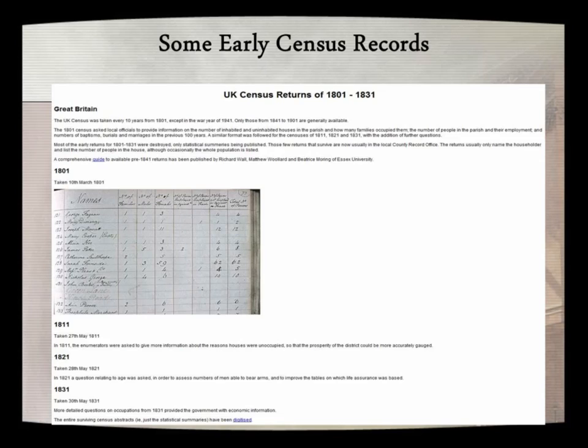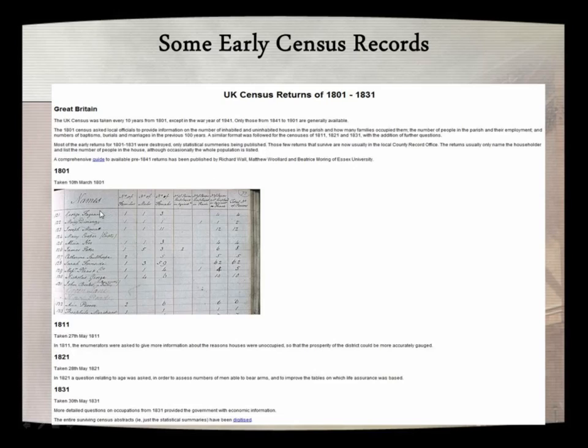Maybe you may not be aware of, but there were some earlier census records that were taken between 1801 and 1831. However, they were not like the censuses in 1841 where they listed every name in the household. If you notice, it says here that the 1801 Census Act asked local officials to provide information on the number of uninhabited and inhabited places.